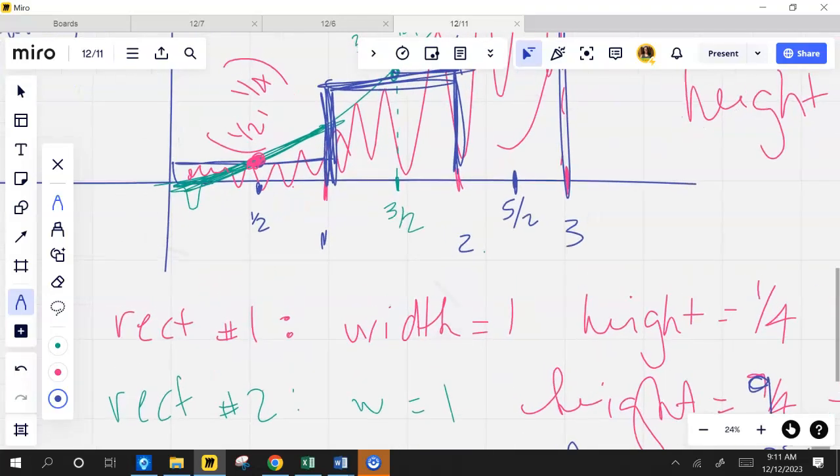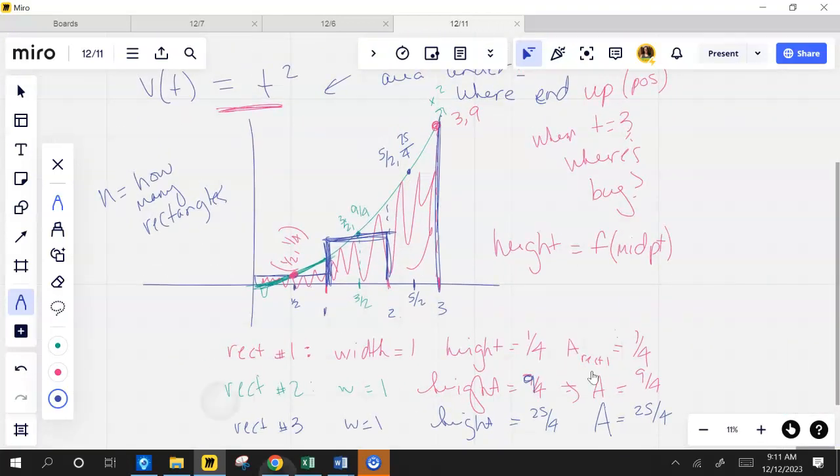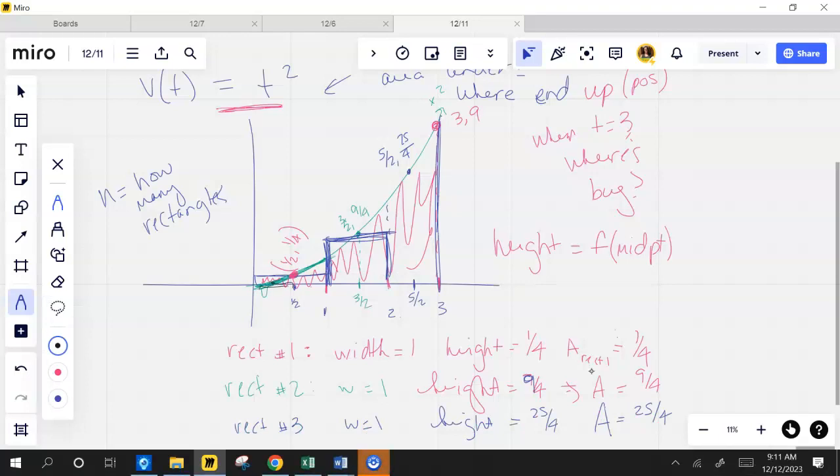Let me ask you this. I'm still finding the same thing, but I've got twice as many rectangles now, right? So now, instead of this being one big rectangle, I've got this, this, and this, and then I've got twice as many, right?